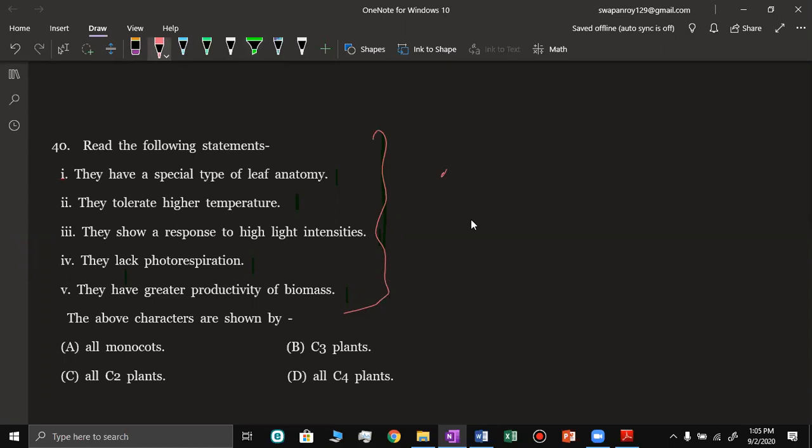All these are C4 plants. They have a special anatomy known as Kranz anatomy.